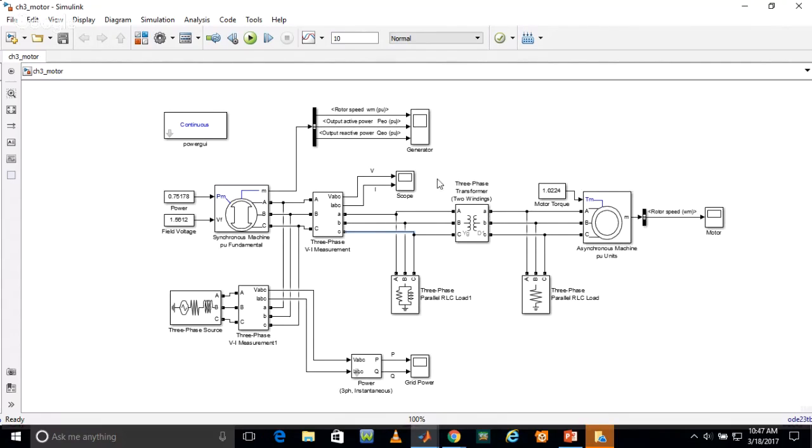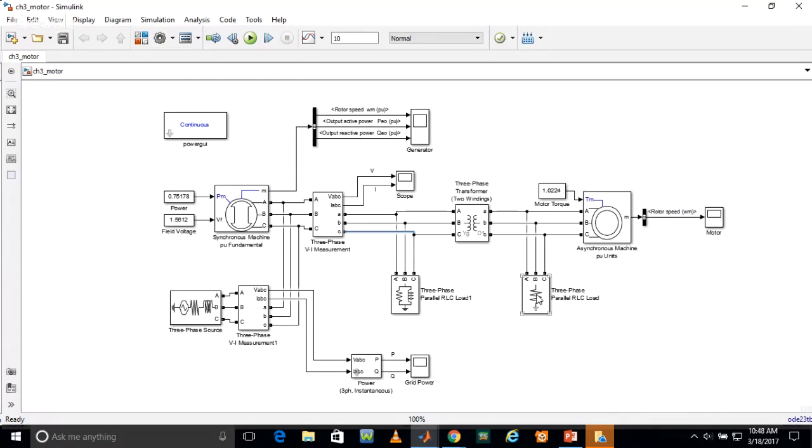Okay, because now we have more than two generating units and one asynchronous machine. So in order to initialize these three, we are going for load flow rather than machine initialization.